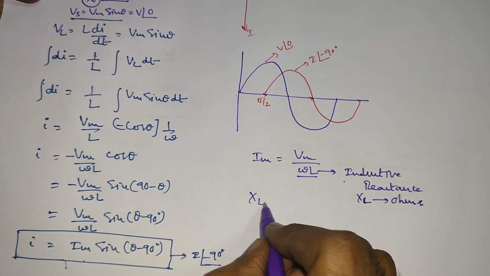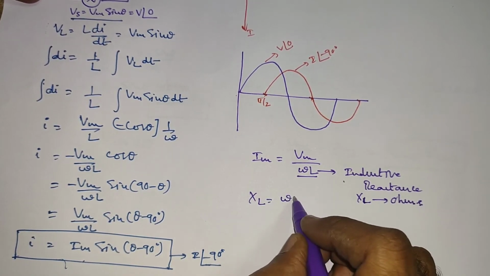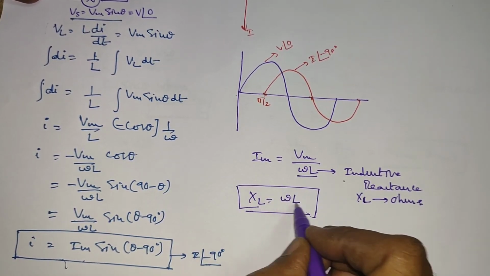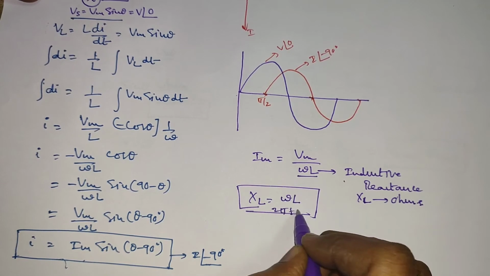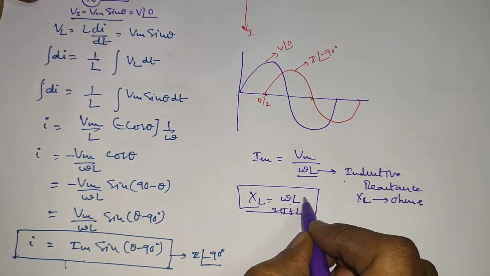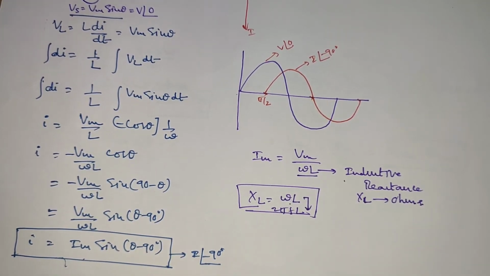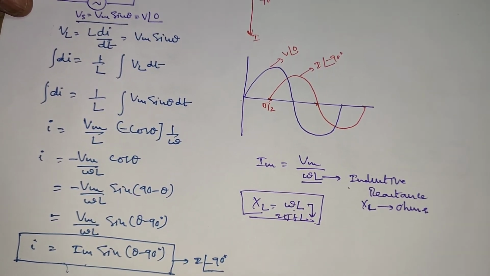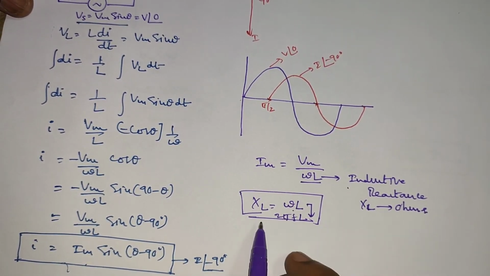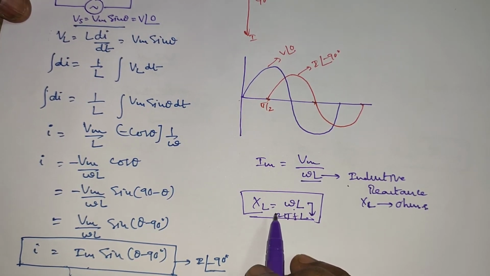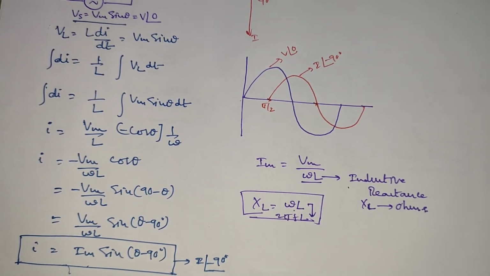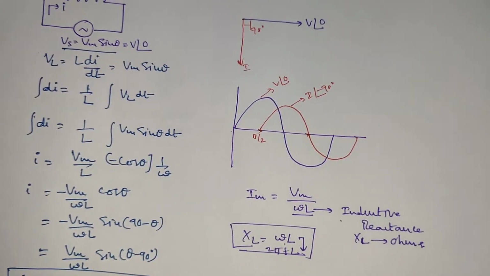So the inductive reactance XL is equal to omega L, and omega is nothing but 2 pi f. So 2 pi f into L gives the magnitude of inductive reactance when you know the frequency and the inductance of the coil. The inductive reactance can be defined as the reactance offered by an inductor to the flow of current in an AC circuit. That is how we can define XL.